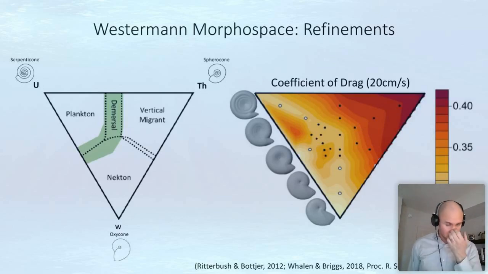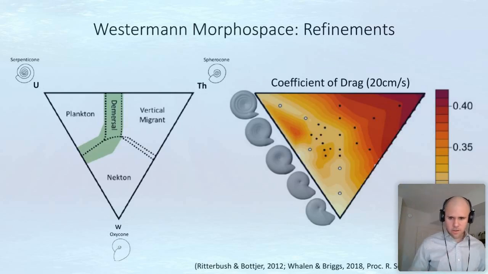That's really what the big uncertainty is in Westerman morphospace. There is empirical simulation evidence that you can see here on the right, that you can't get around the fact that these shells impose hydrodynamic properties to the animal. And so there is an aspect of this that, say, an organism with a high TH value, a spheroconic shell in the far right, is going to have a lot of drag and be a rather inefficient swimmer, and so must consequently be planktic.